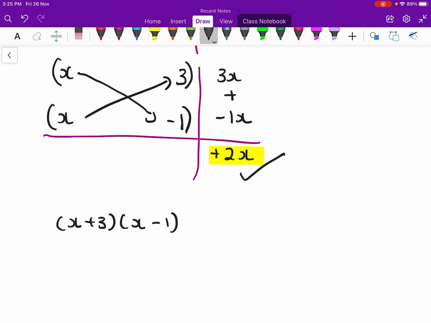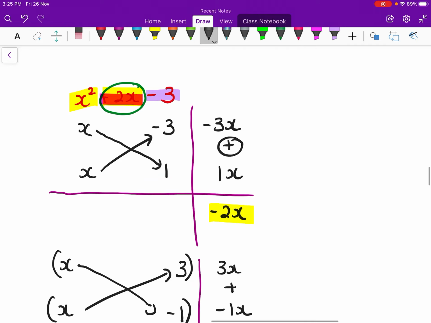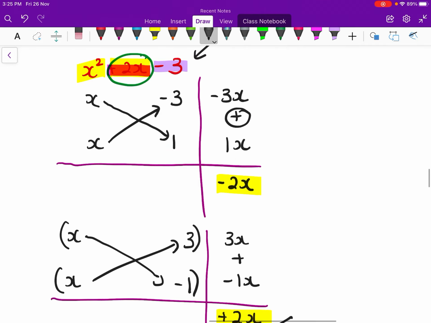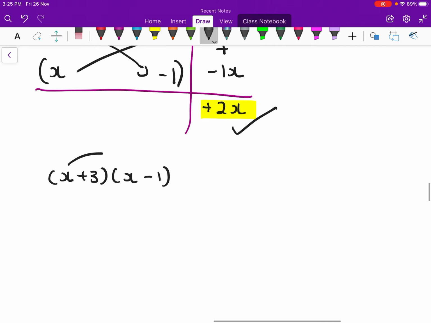Of course you can do your expansion to see whether you can get back the original form. So let's do our expansion. x multiplied by x, x multiplied by negative 1, positive 3x, then negative 3.